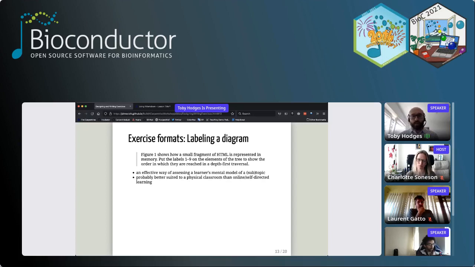And another one that's a little bit one step removed from writing the actual code, but that can be really useful to assess a learner's mental model of the topic or a subtopic that you're teaching them, is to ask them to label a diagram.